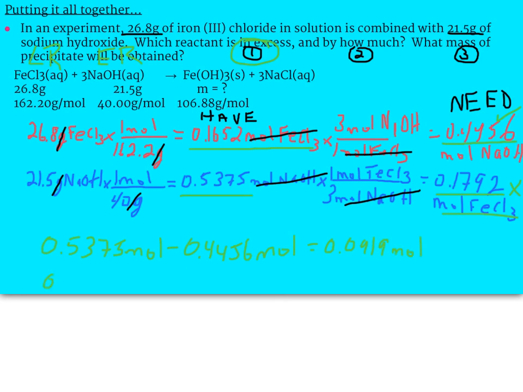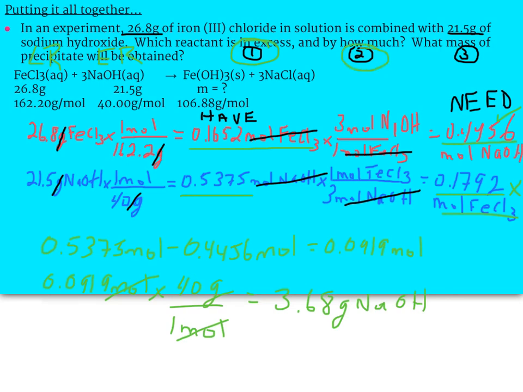I can then take my 0.0919 moles and use my molar mass, and my molar mass here again I'm using sodium hydroxide, which means I have 40 grams in 1 mole in order to find how much I have left over. And I am going to have 3.68 grams of NaOH left over, and I just figured out my number 2.